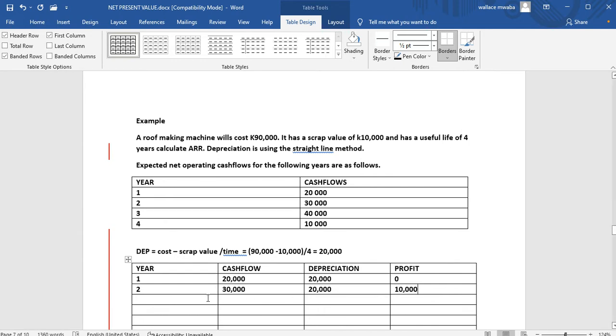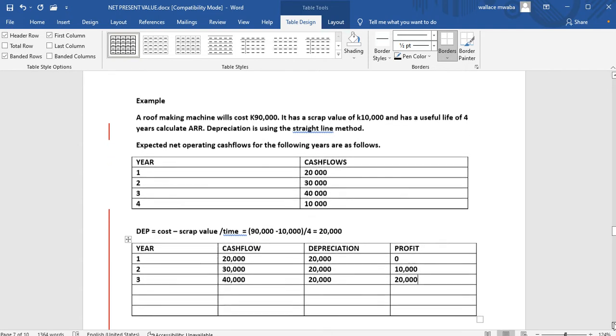End of year 3, we are expecting 40,000. Cash flow is 40,000, subtract the depreciation of 20,000, so our profit will be 20,000.